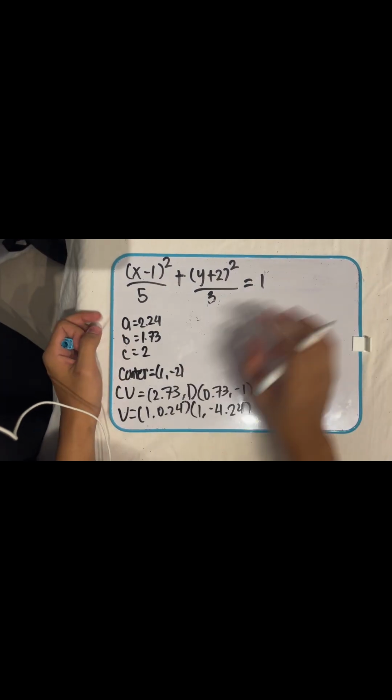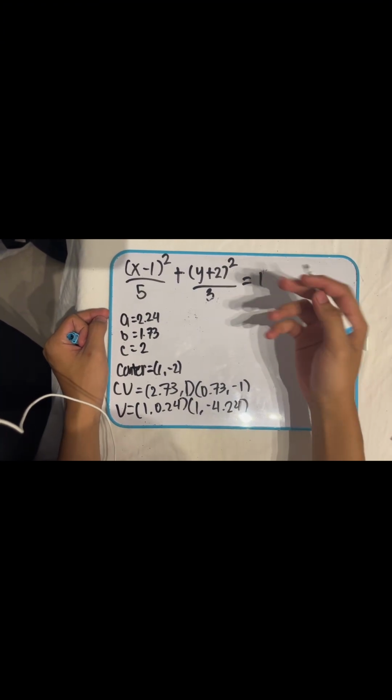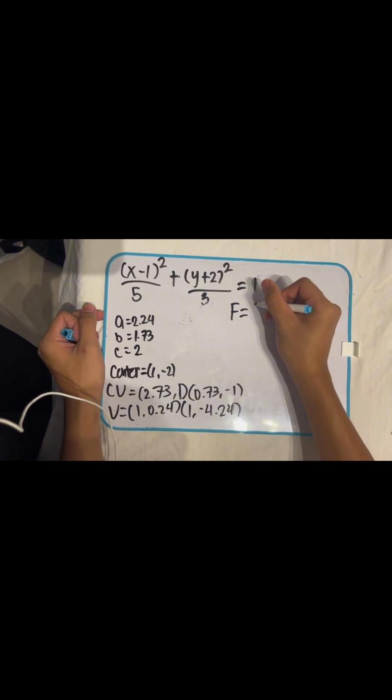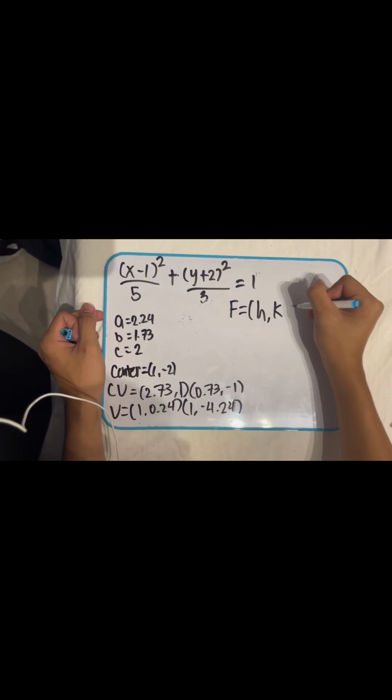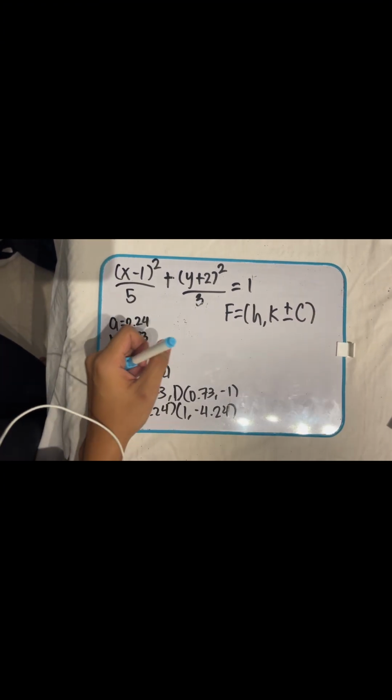So now let's get the value of our foci. The formula for foci is (h, k) plus or minus c.